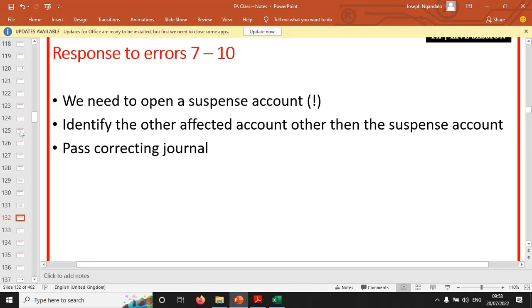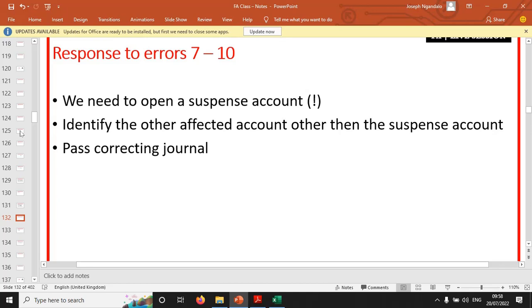Alright, can we proceed? It is therefore clear that the identification of accounting errors is a major work here. If you don't know the accounting error, it will dominate you. Because, for instance, in the first 6 errors, you're not supposed to open a suspense account.